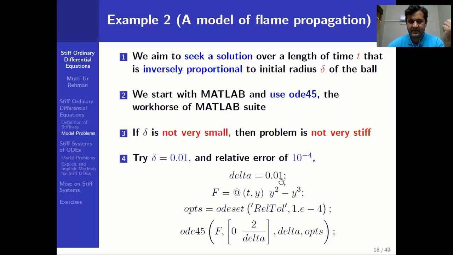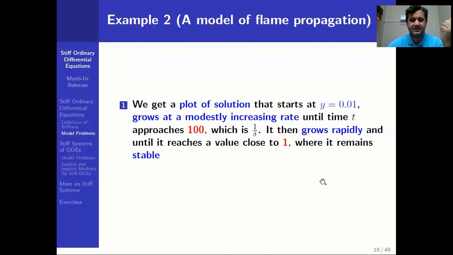Then I write down my given differential equations and introduce the tolerance. I use ODE45 with the help of Matlab, and you will see that the plot of the solution will start from 0.01 and grow at a modestly increasing rate until your time approaches 100, which is 1 over delta. And after that, what will happen?